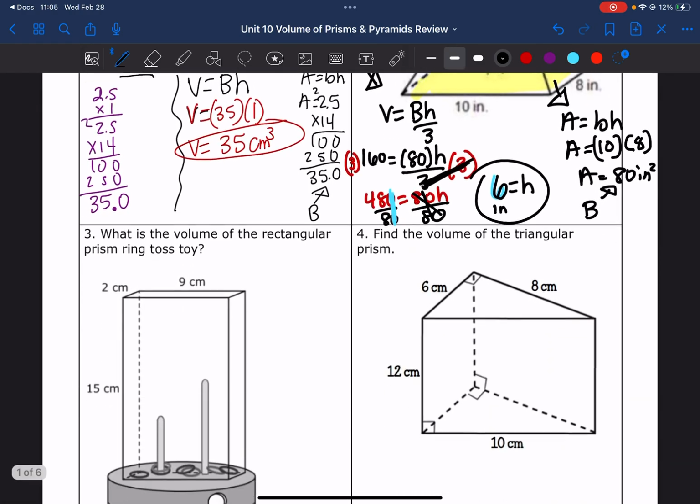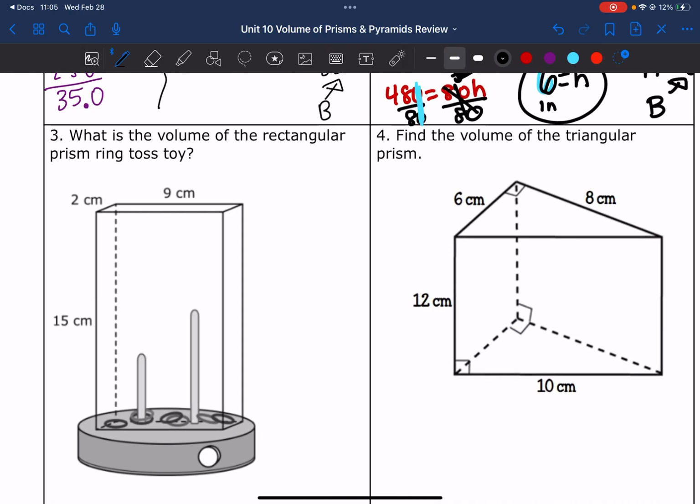Pause if you need to. This is another rectangular prism. On this rectangular prism, remember, it is going to be using volume equals capital B times height. But we can just do 2 times 9, which is the base, capital B. That would be 18.